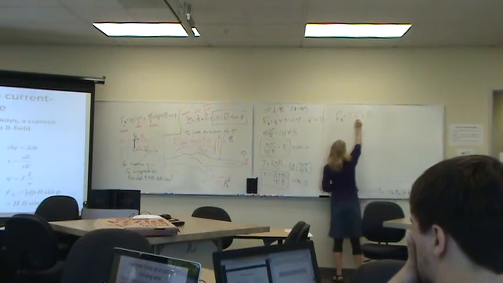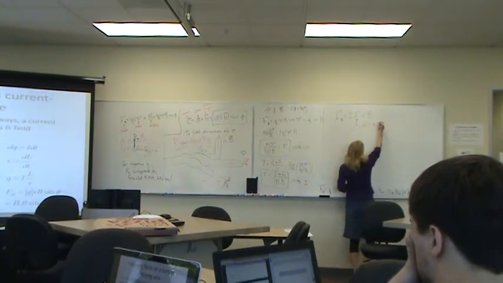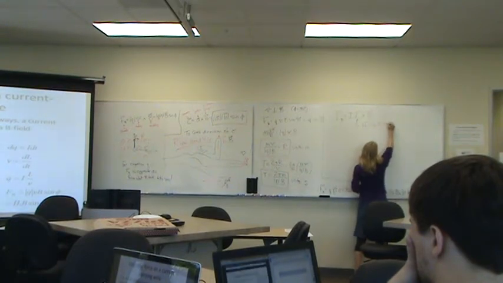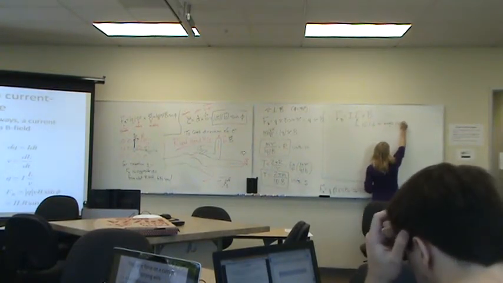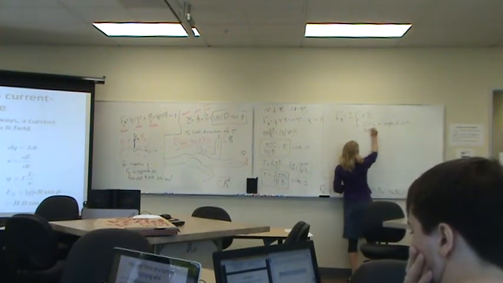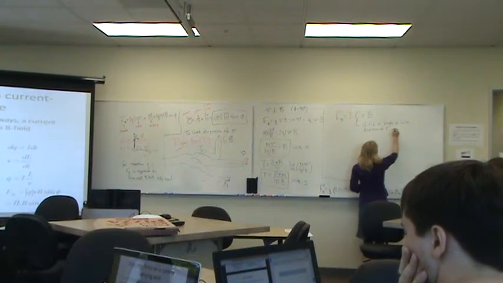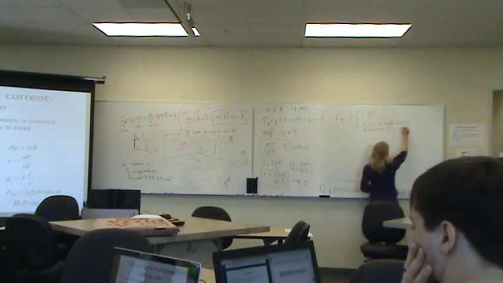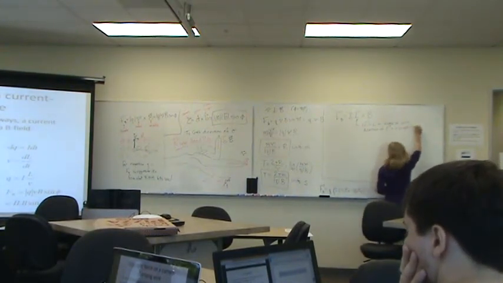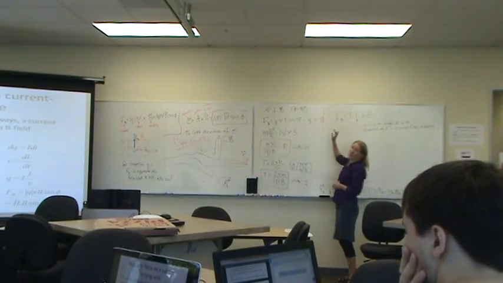Okay, so L, the magnitude of L, is the length of the wire. And then the direction of L is the direction of current flow. So that's what vector L means.